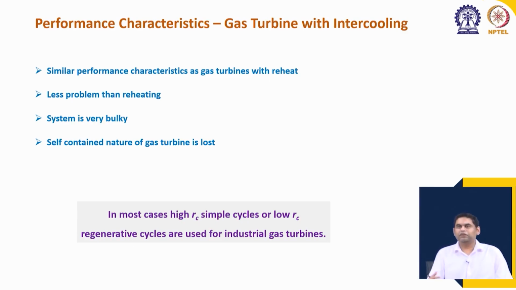And only a few cases are there where regeneration is combined with reheat or regeneration is combined with intercooling. If you have a very large system and efficiency and work output play a very important role, then in those cases combining all these different variations makes sense.